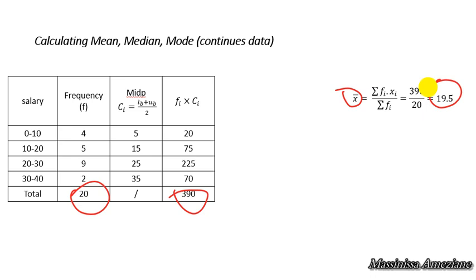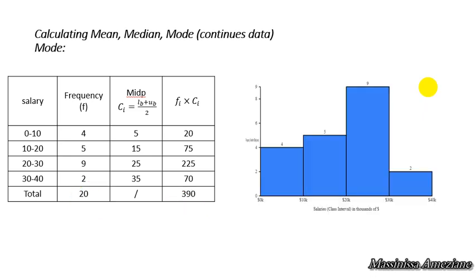Now let's see the mode. How to get the mode in continuous data. It is easy to find the modal class, but it is a bit complicated to calculate the exact mode, the exact value. So the first thing to do is to identify the modal class.